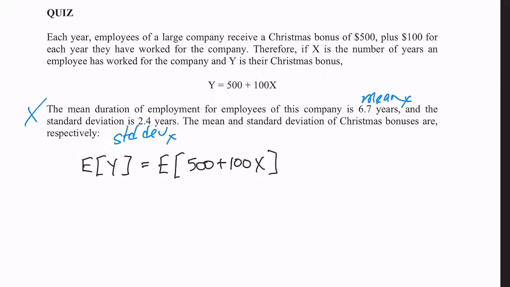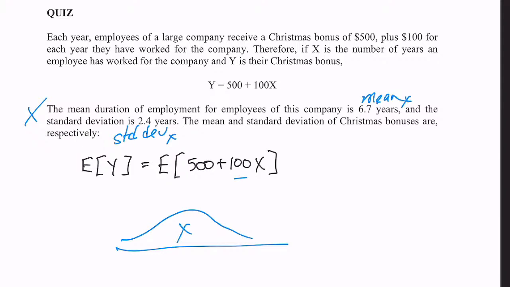So just think about it like this. If I was to take this distribution for X, let's just say, for illustration, let's say X looked like this, like a normal curve, some sort of symmetric distribution like that. And now if I took every value of x and I multiplied it by 100, what would happen to this distribution?